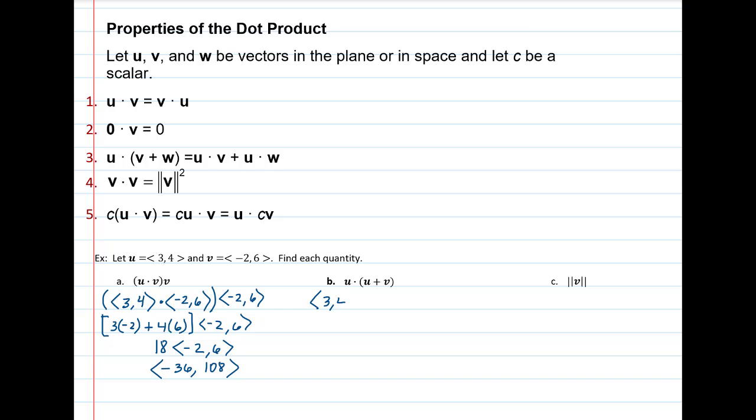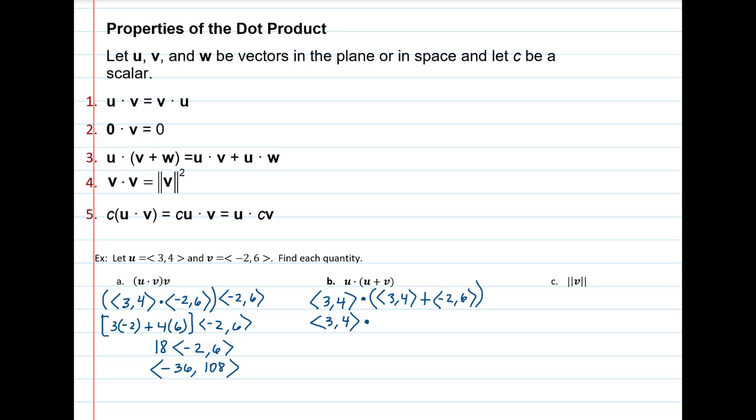Okay, in the next problem, we have a vector dot product another vector. Because notice how u plus v from the previous section is going to give us another vector. So u plus v is a vector. We're going to dot product that with vector u.